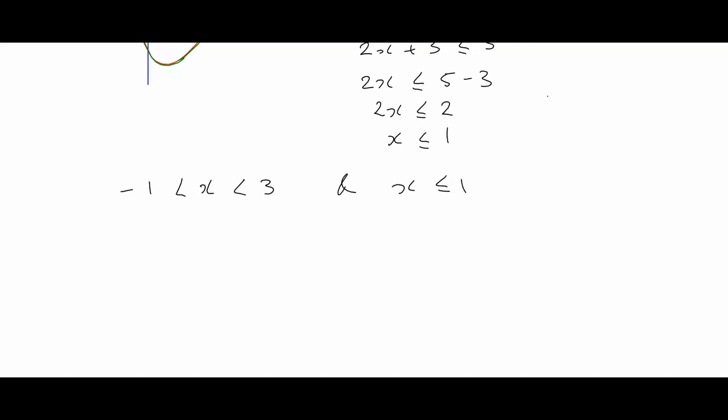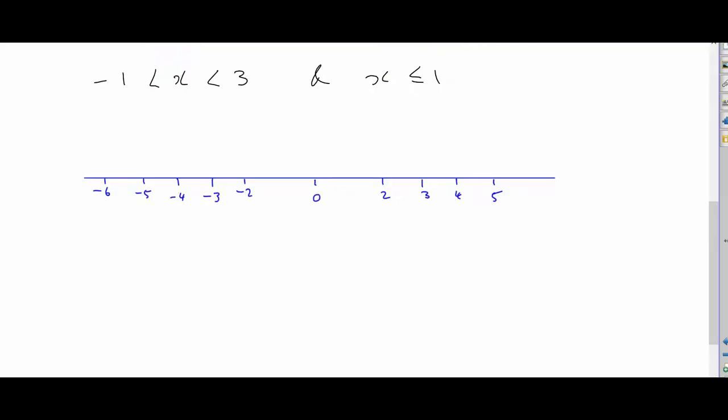And the best way of finding that range is to use the number line again. So for the first one, x lies between minus 1 and 3. We illustrate in this way. Minus 1 is here, 3 is here, and because minus 1 and 3 are not included, we put circles there.